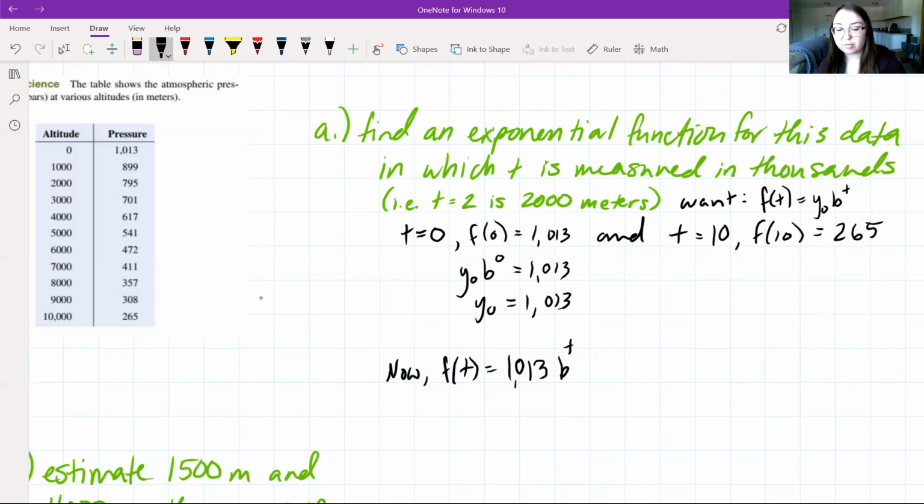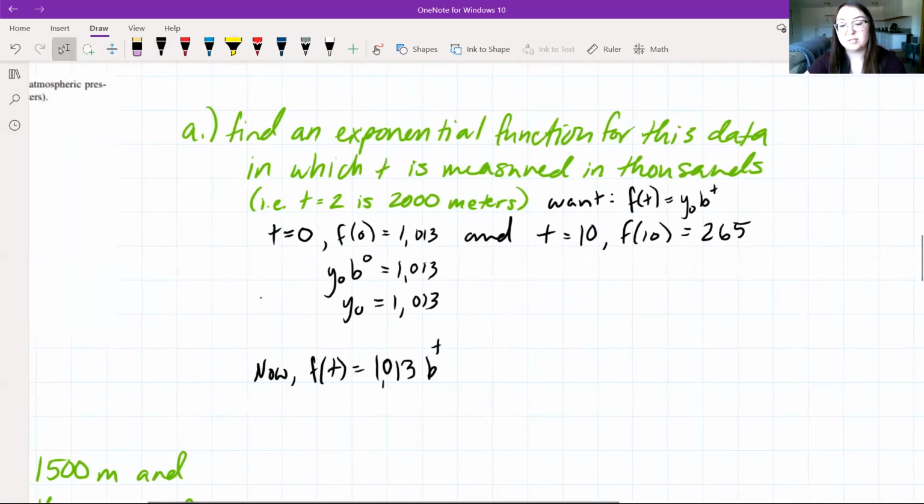All right, so now we want to find our value of b. So we're going to plug in our t equals 10 and our f of 10. So f of 10 is equal to 265, and we know that this is going to be equal to 1,013 times b, and in this case t is 10, so we'll have b to the 10th power is equal to 265.